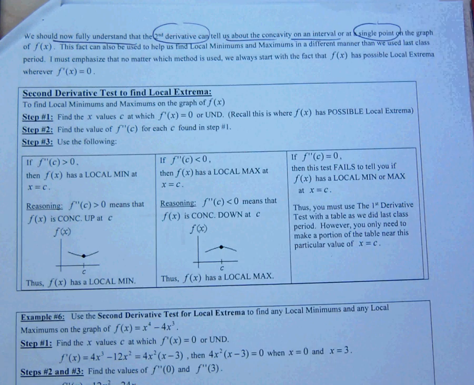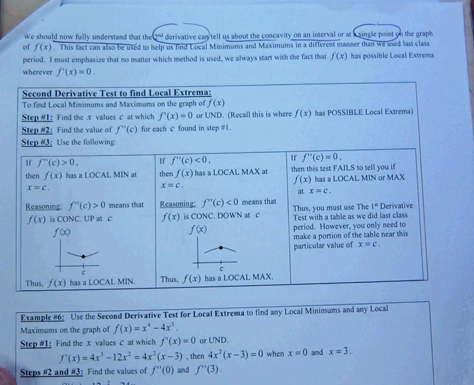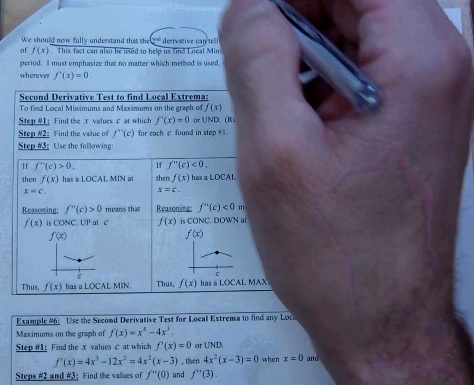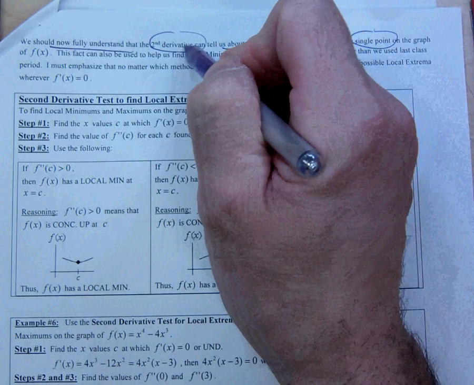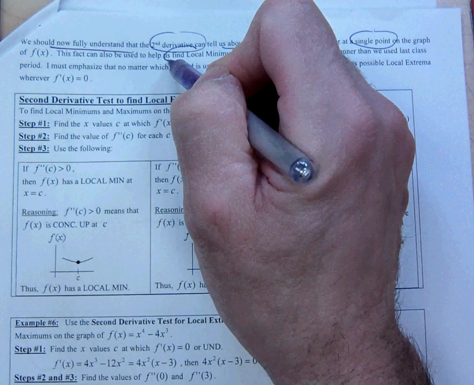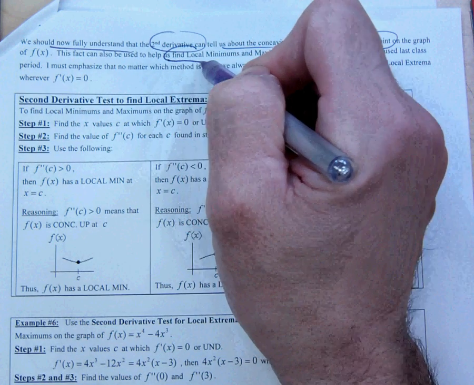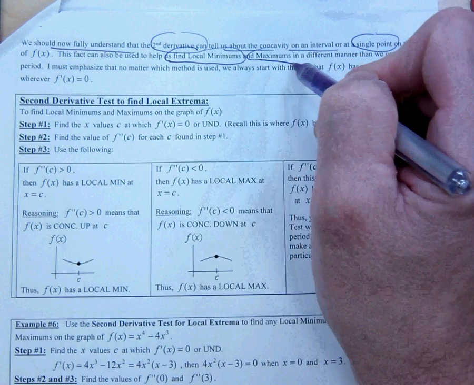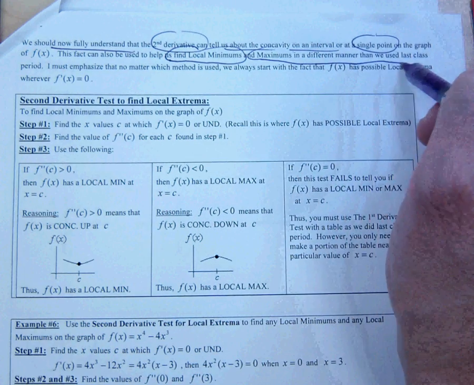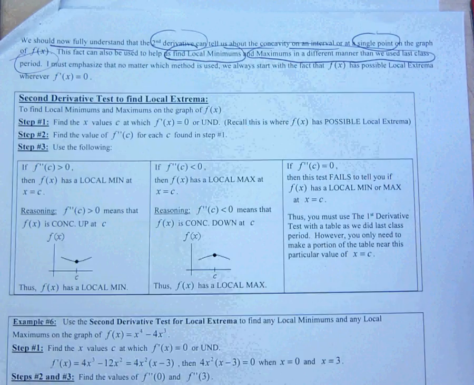Okay, so here we go. I'm now going to use this to find local mins and maxes in a different way than I did last time. This is where it starts to get really confusing if you're not careful.